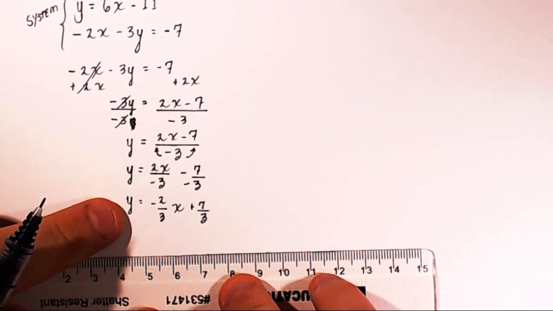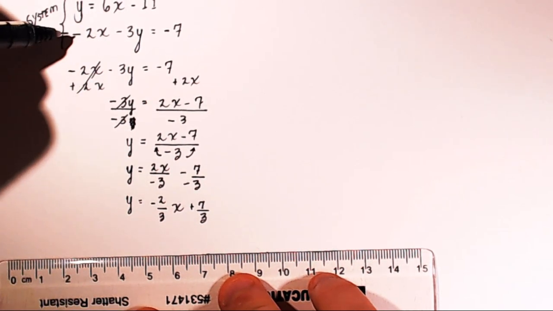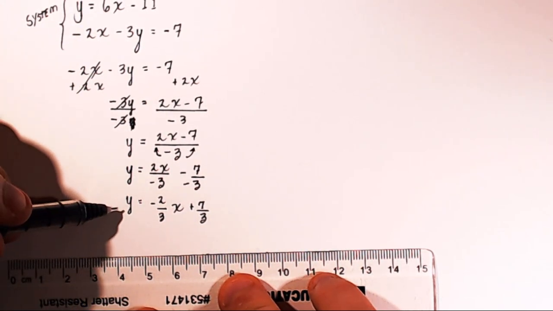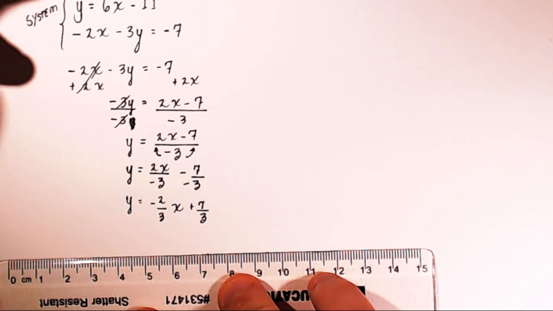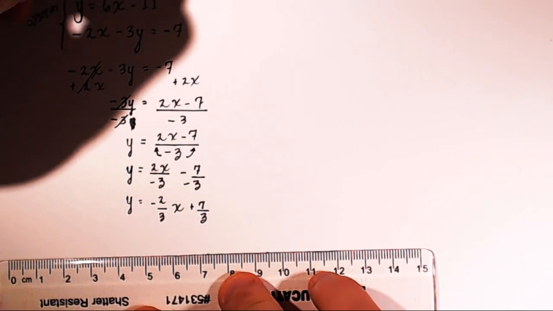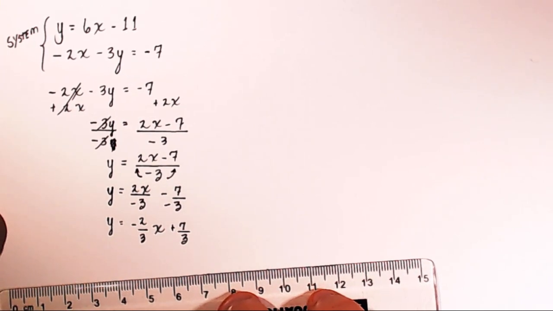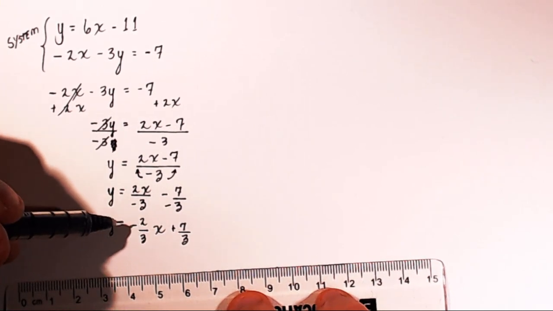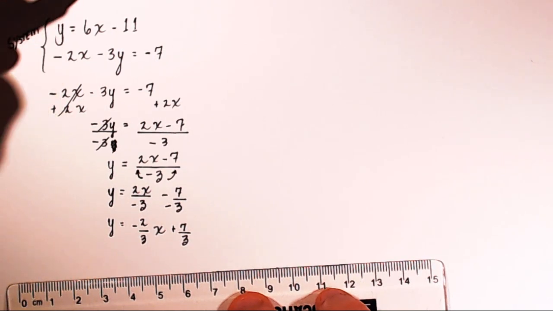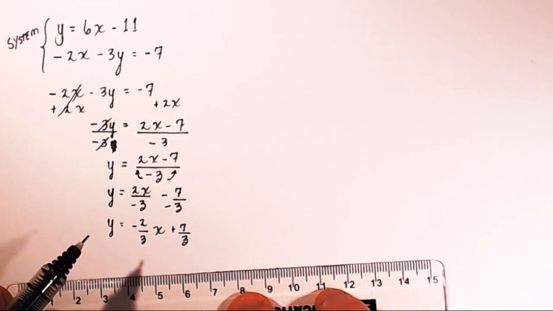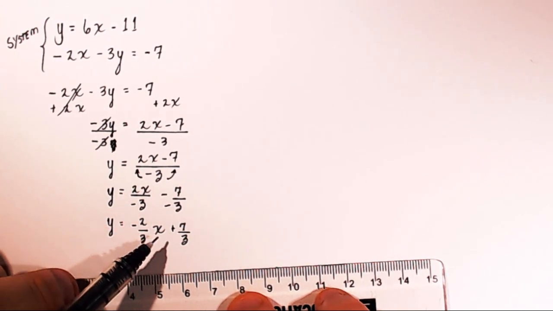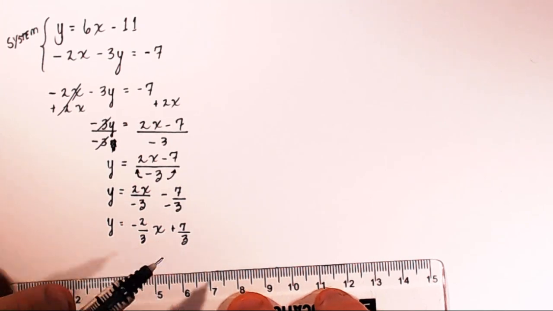Okay, so now I have this equation that was in standard form. The same equation is now in slope-intercept form. So the part where we do substitution starts now. We're going to set these two equations equal: y equals 6x minus 11 equal to negative 2/3 x plus 7/3.